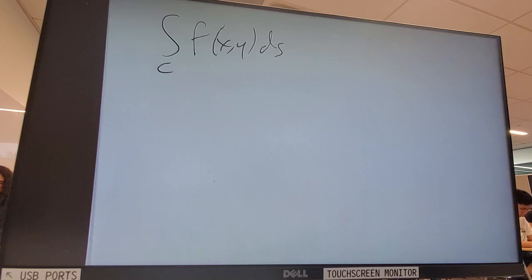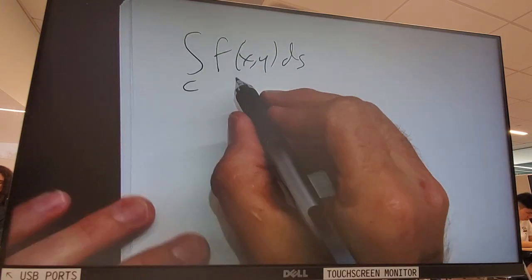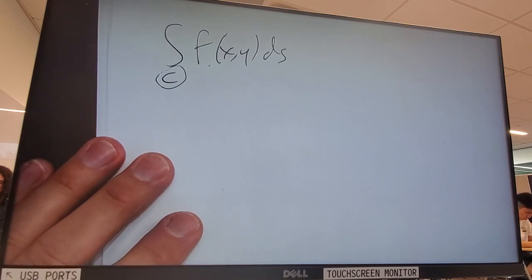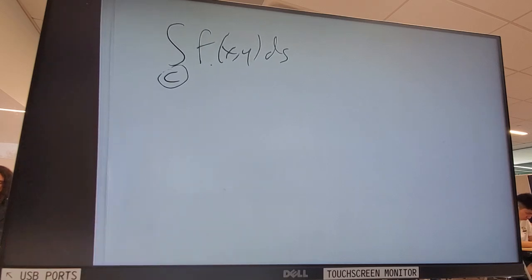Have you seen this integral before, the little C on the bottom? The way to read this is the integral of f along C. And they have to tell you, is C a straight line in the xy plane? Is it a circle? Are you guys kind of with me?